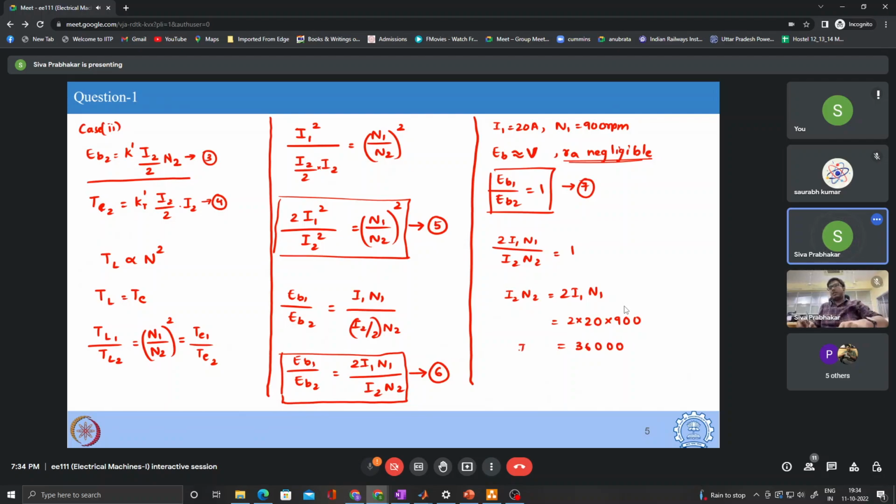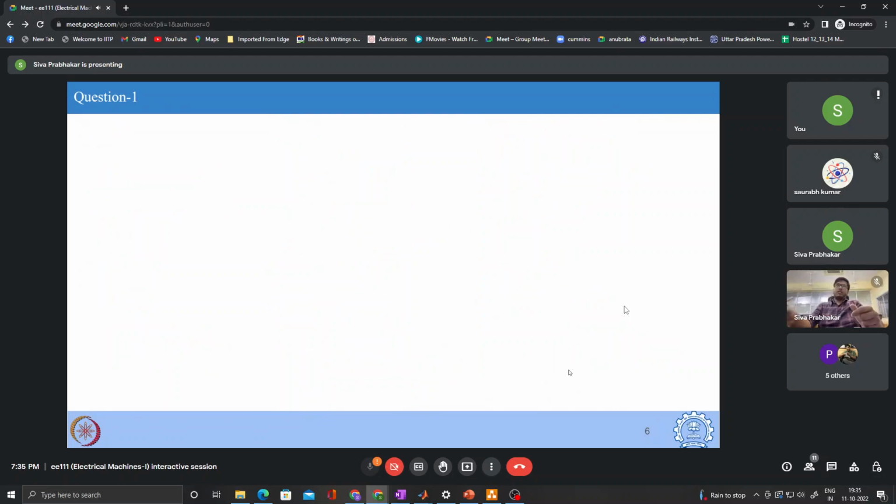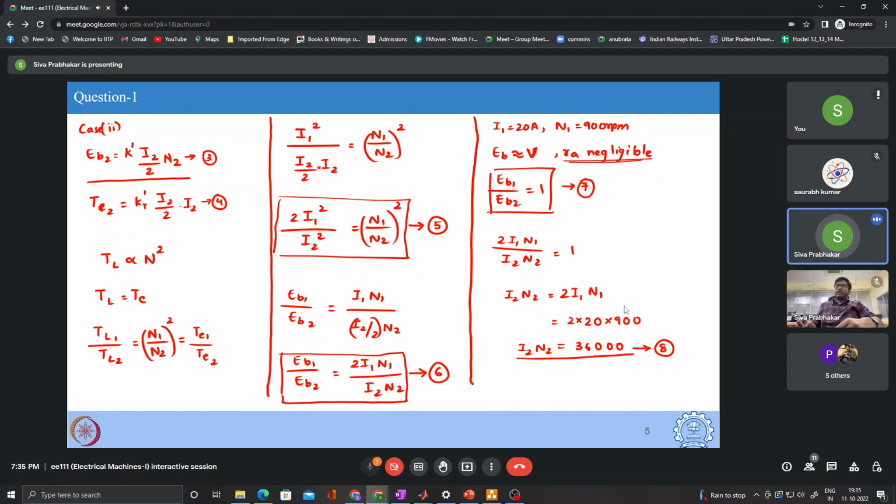So I2 N2 will be 36,000. So this is equation number 8. So is there any doubt till now? Is there any doubt in your paper? No doubt, sir. Yes. So we got a relationship between I2 and N2 which is equal to 36,000.